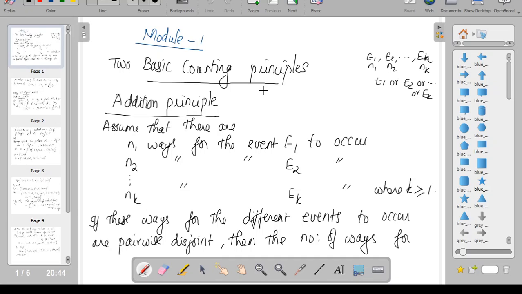That count is what we get in the addition principle.